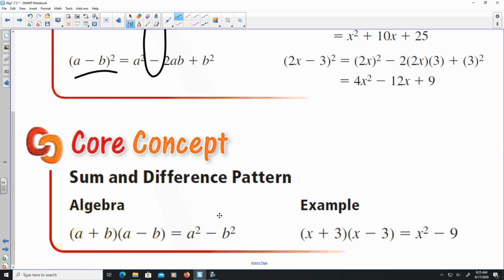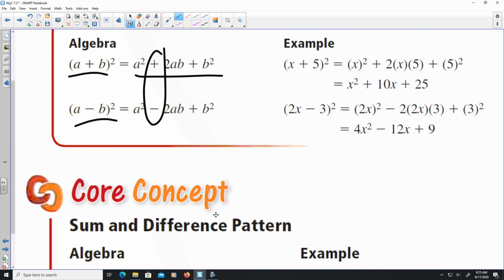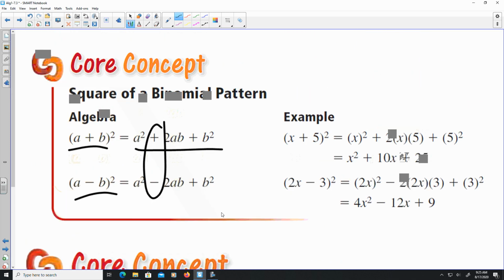And when you're looking at a sum and difference pattern, what you are essentially doing is squaring A and squaring B and putting subtraction in between them.